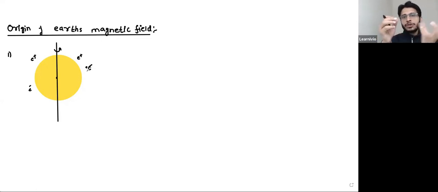So this is Earth, which is rotating. There are charged particles around the surface of Earth, around the atmosphere. Due to rotation of Earth, it seems like the charged particles are revolving around the Earth. And due to this motion of charged particles with respect to Earth, a current comes into the system, because current is due to the motion of charged particles. And that current can generate some magnetic field.